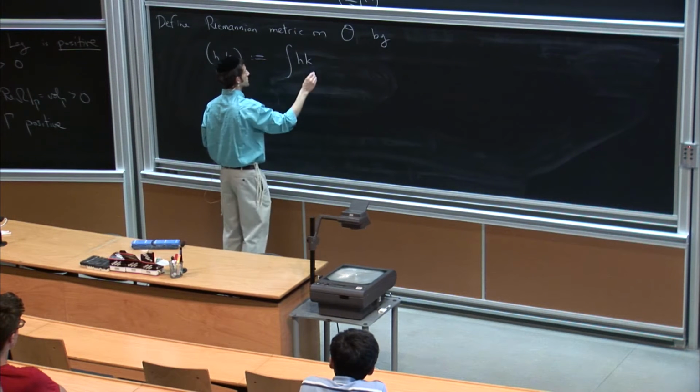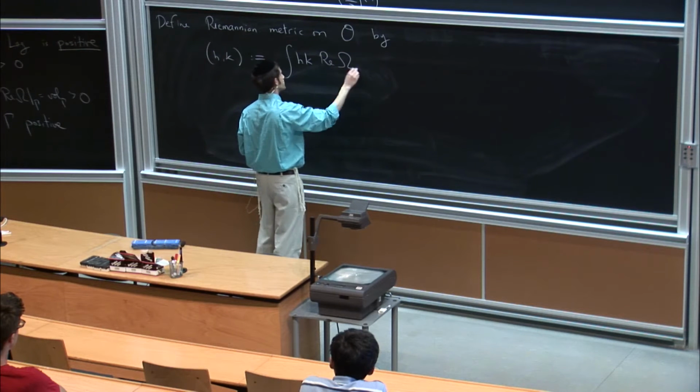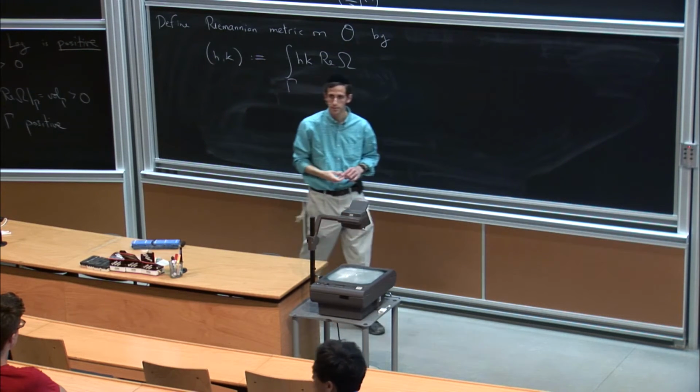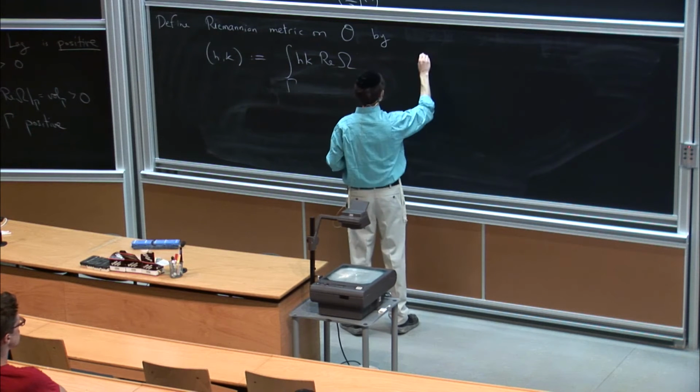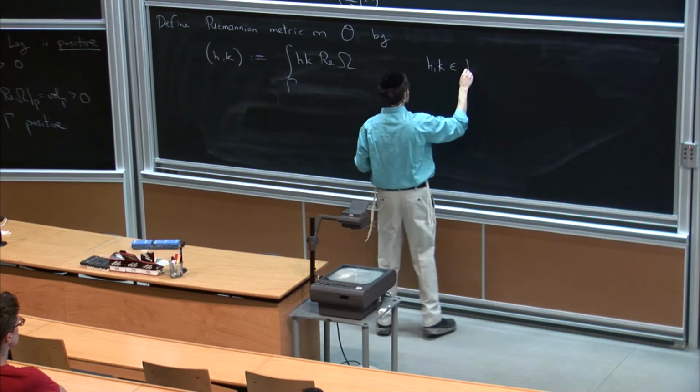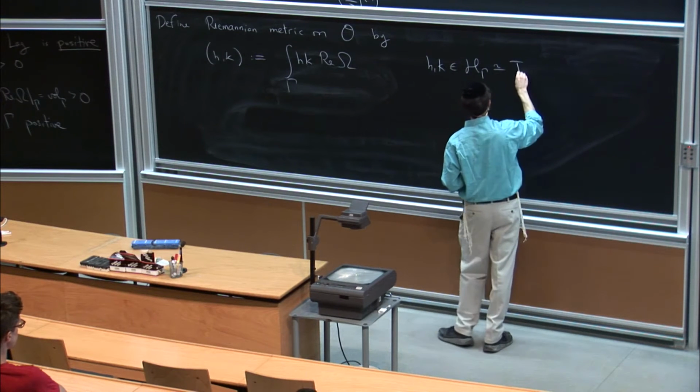So we just take the product of the functions and integrate with respect to this positive measure, for h and k belonging to the tangent space at gamma.